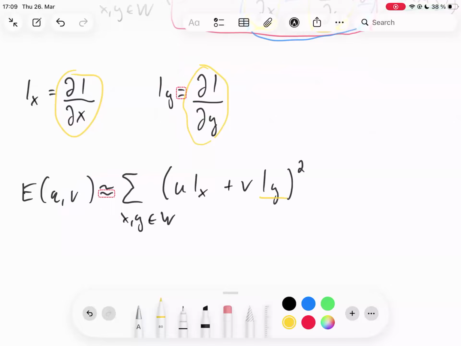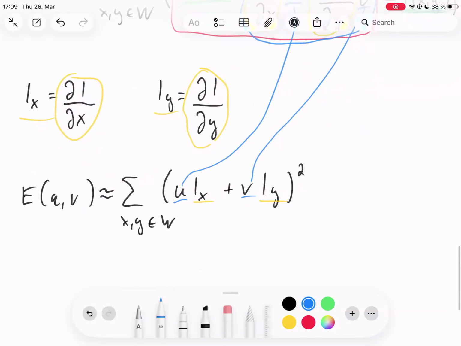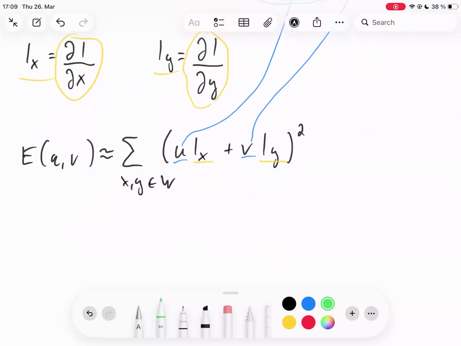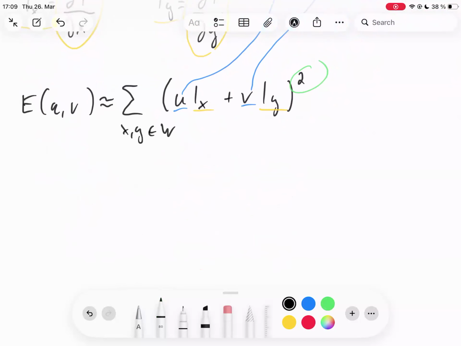Remember this Ix, Iy, they come from here. And then I still have these u's and v's from before. And now I still have this square, and I can simplify this. So I can say this is my sum over xy along the window. And I'm just squaring this now.